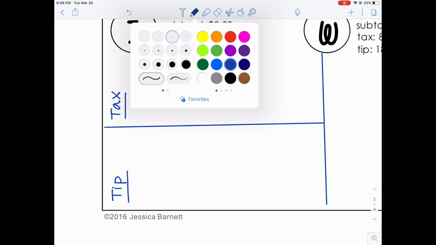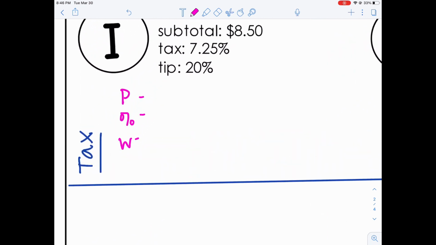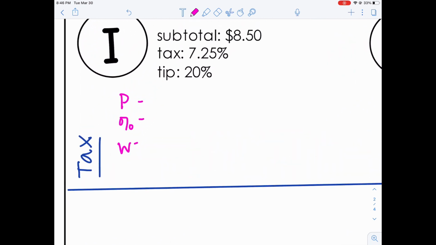Starting, I'm going to remember the subtotal is always the whole, so we're going to do part, percent, whole down the side. The subtotal is $8.50, so I'm going to plug $8.50 in for the whole because that is my subtotal. The percent, because I'm doing the tax, so match it with the tax, is 7 25/100.